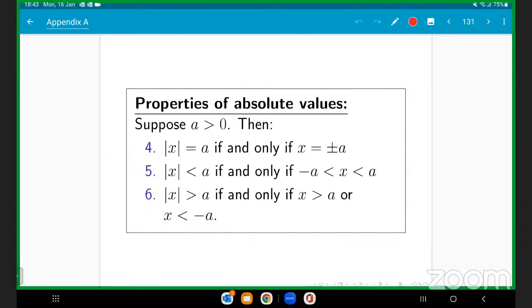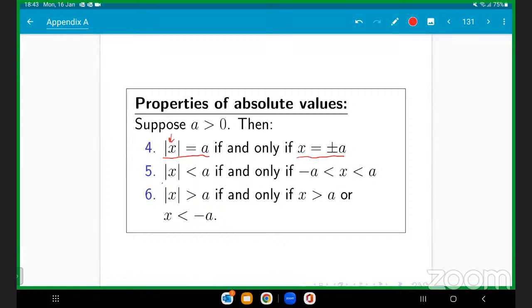But the next set of properties are a bit more interesting and useful for solving equations involving absolute values. So number 4, if we are given that the absolute value of some variable x is equal to a, then we will always have that x is either positive or negative a.